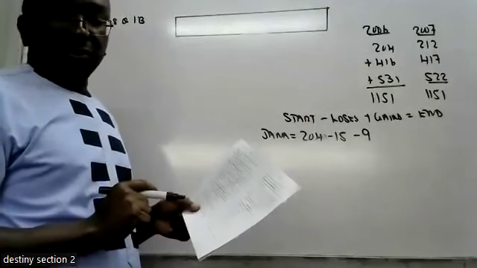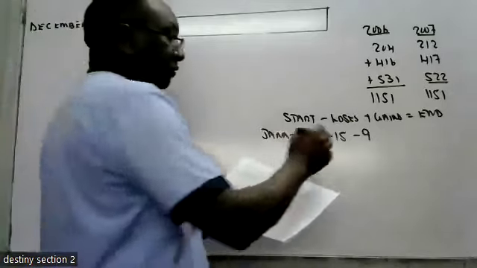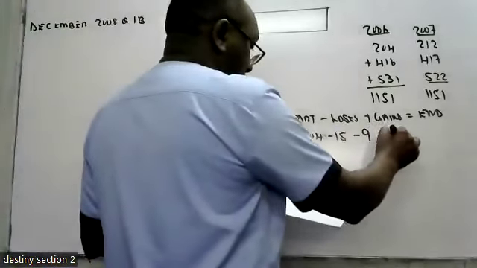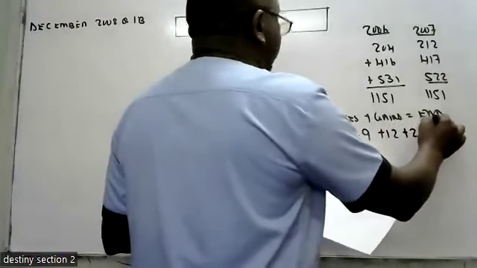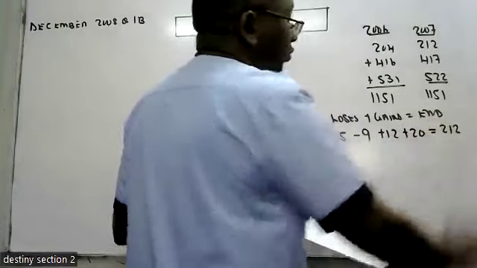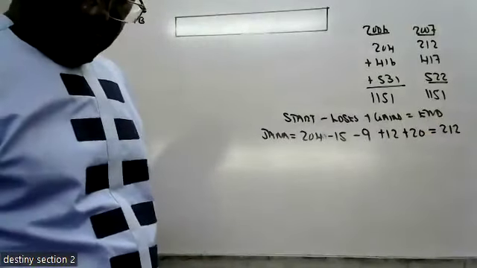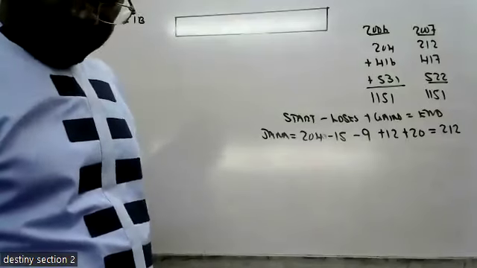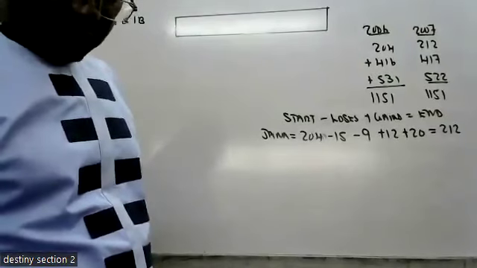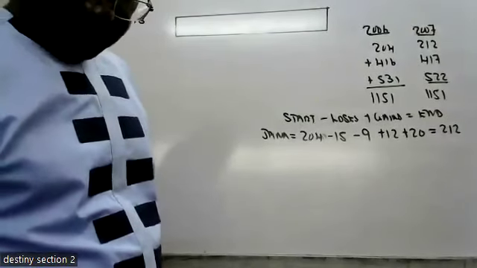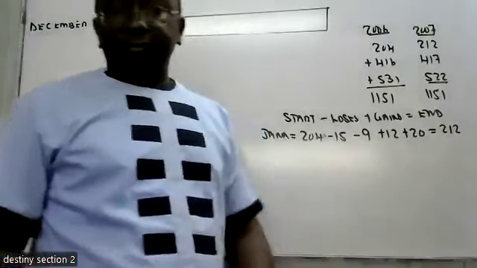That is about the rules. If you look at their column, they gained 12, they gained 20. If you add, check whether this takes you to 212. If you say 204 minus what was lost, 15, 9, then you add what we gained, 12 and 20, it leaves us at 212.